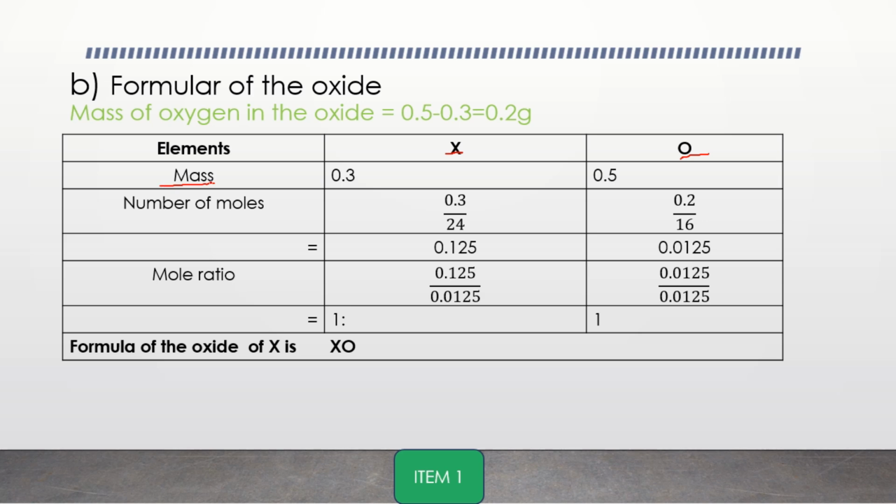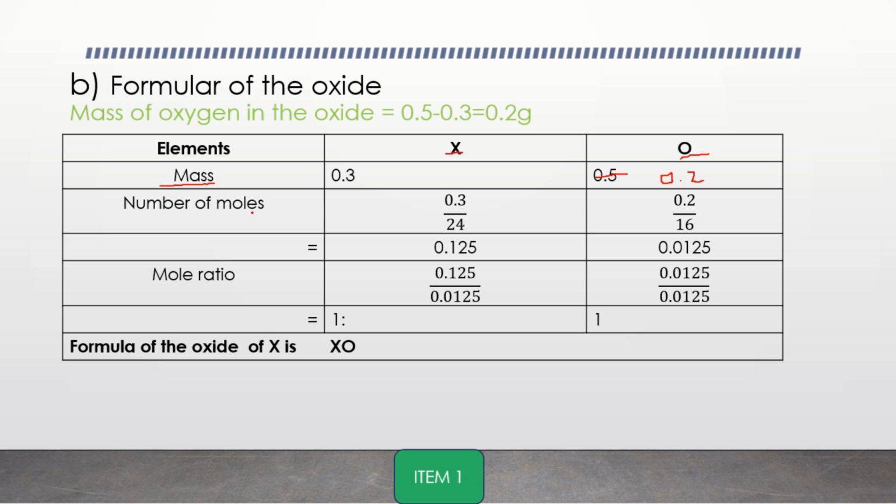Next, we shall write the mass of the elements. X is 0.3, while oxygen is, sorry, oxygen here was 0.2, not 0.5. 0.5 was for the solid product. Then the next step is to calculate the number of moles in these masses.